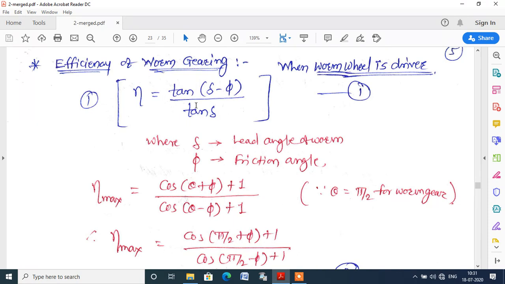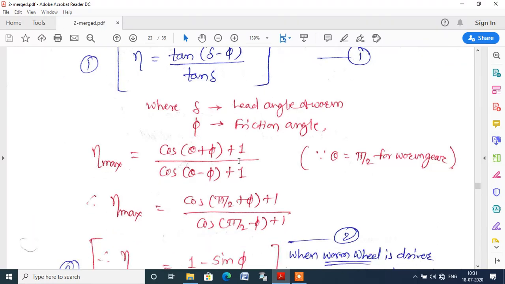This equation arises when the worm wheel is the driver, where delta is the lead angle of the worm and phi is the friction angle. Then maximum efficiency is cos of theta plus phi plus 1 divided by cos of theta minus phi plus 1. We have seen this in spiral gears. But in worm and worm wheel, we know that theta is always 90 degrees. So put theta as 90 degrees here.